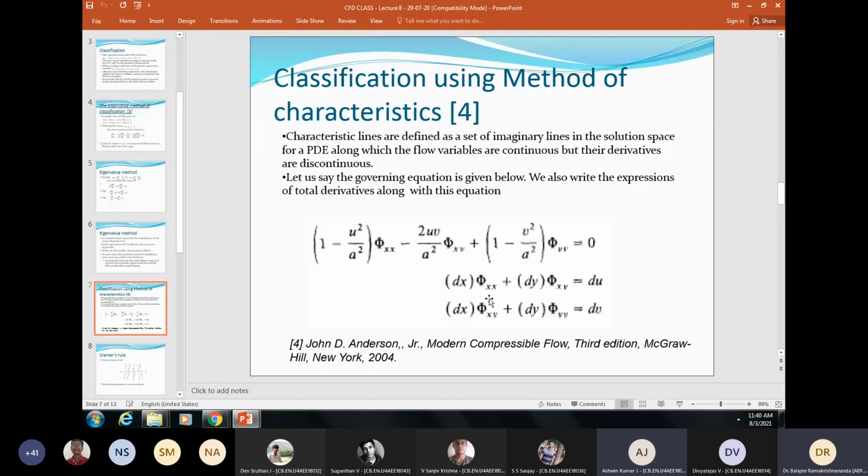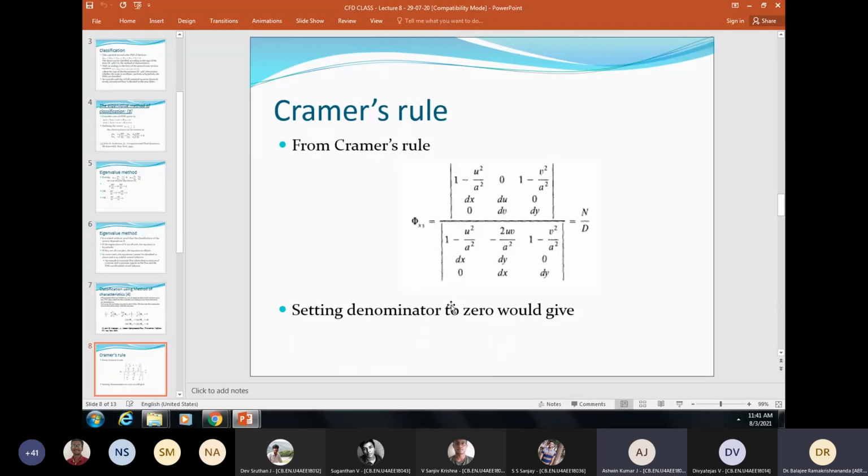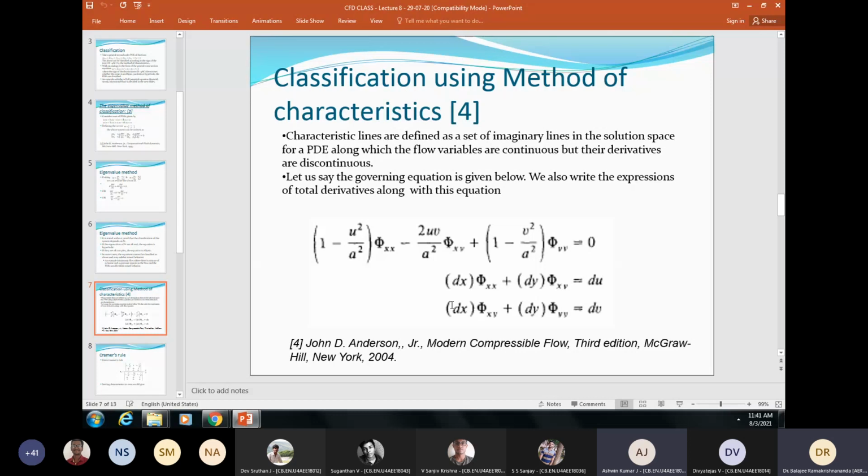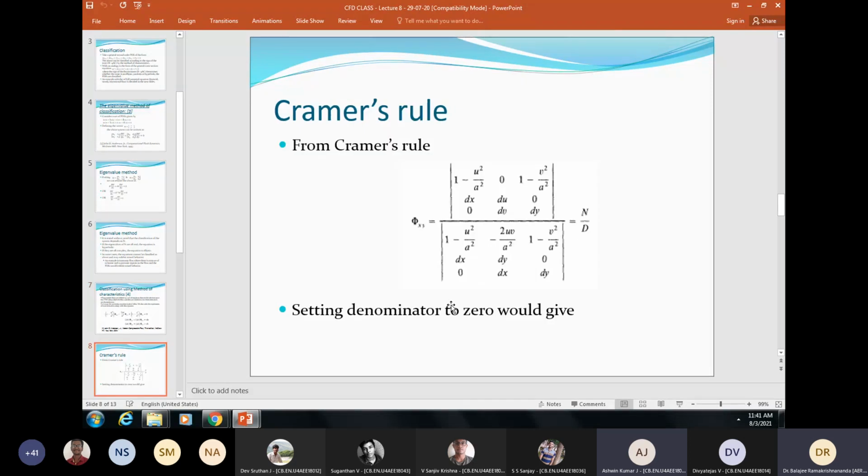So you can write this as a matrix, correct? Yes, sir. Some matrix into this unknown is equal to some constant on the right hand side. Right hand side is 0, du, dv. If you pre-multiply by the inverse on both sides, you will get a solution, correct? Yes, sir. So that is what is Cramer's rule. Cramer's rule says the solution also can be found out simply. He is getting a shortcut for the same thing.